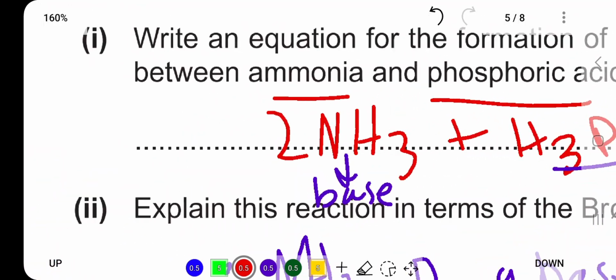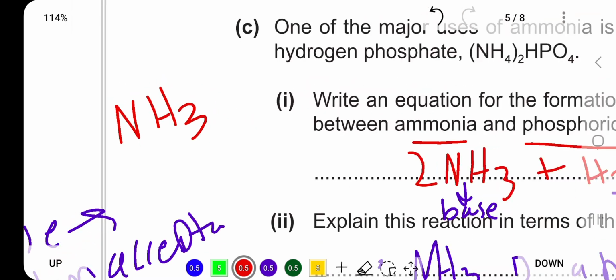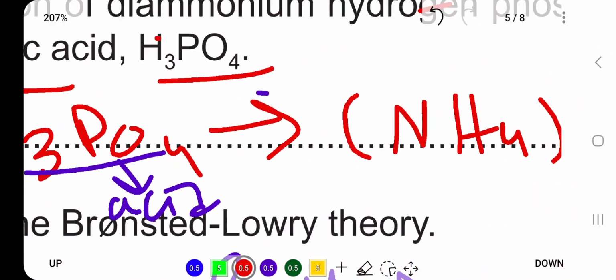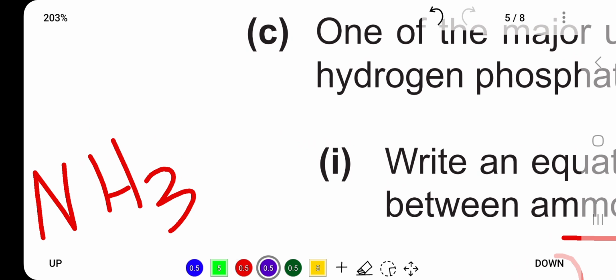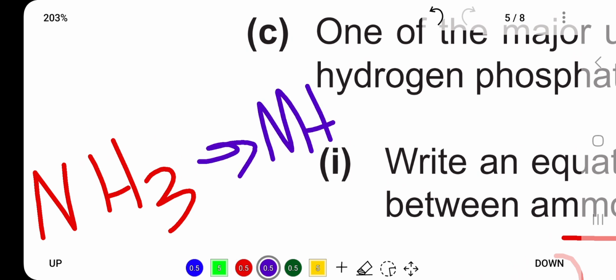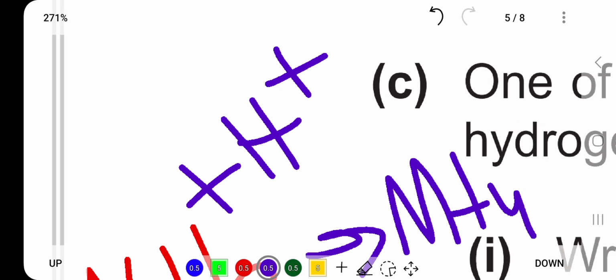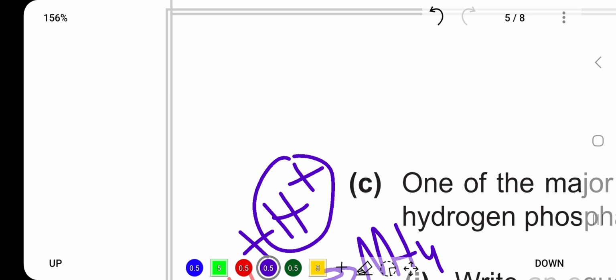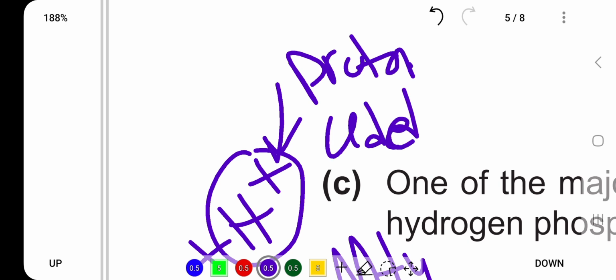Ammonia, you're going to see that it has here an NH3, right? That was the reactant side. Now, if you look at the product side, it became an NH4. So it had an H plus added. H plus here is the proton added.